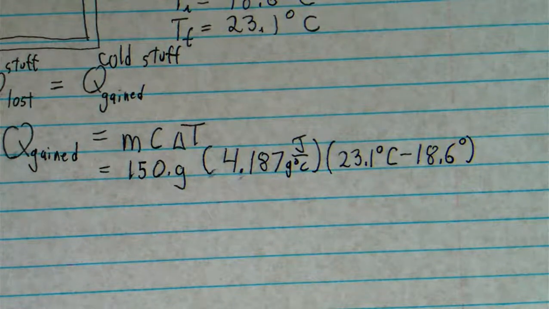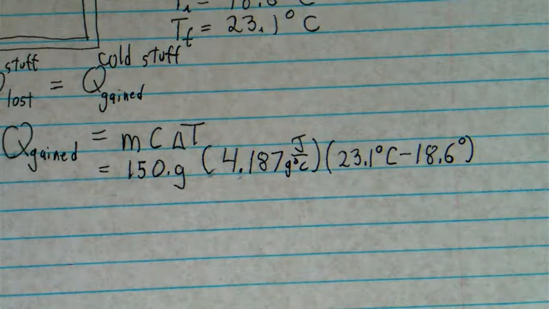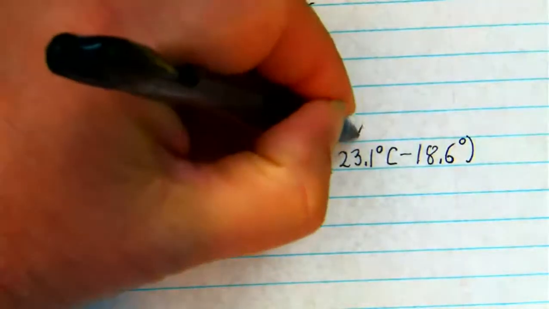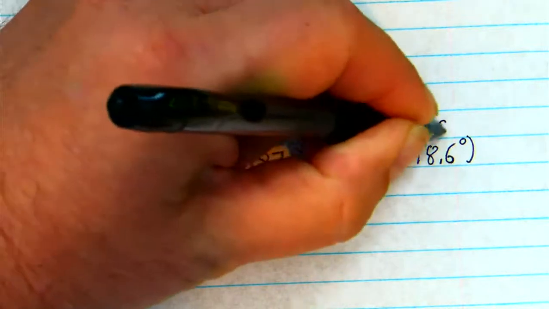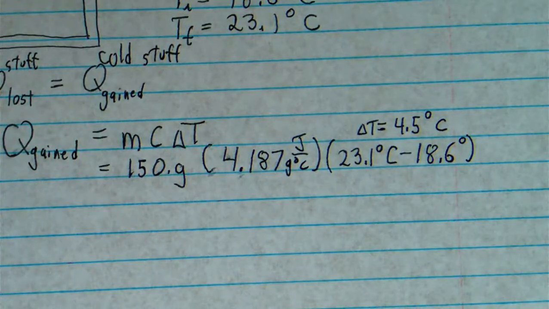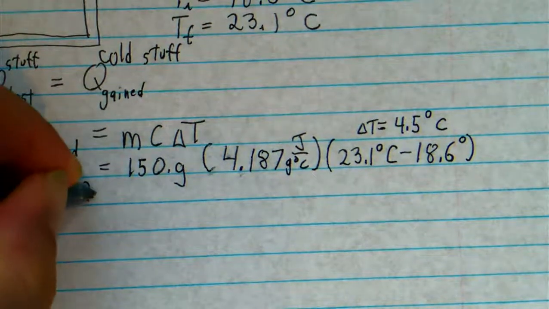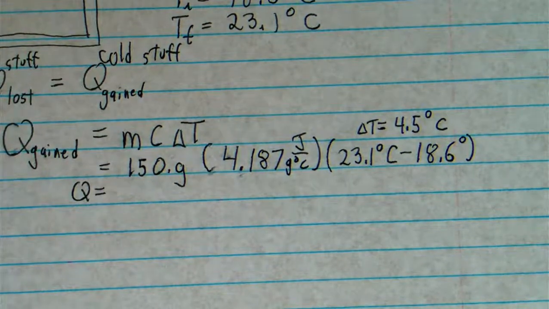And I'm getting too old to do that in my head. So my calculator says the delta T is 4.5 degrees Celsius. Okay. What do you get?